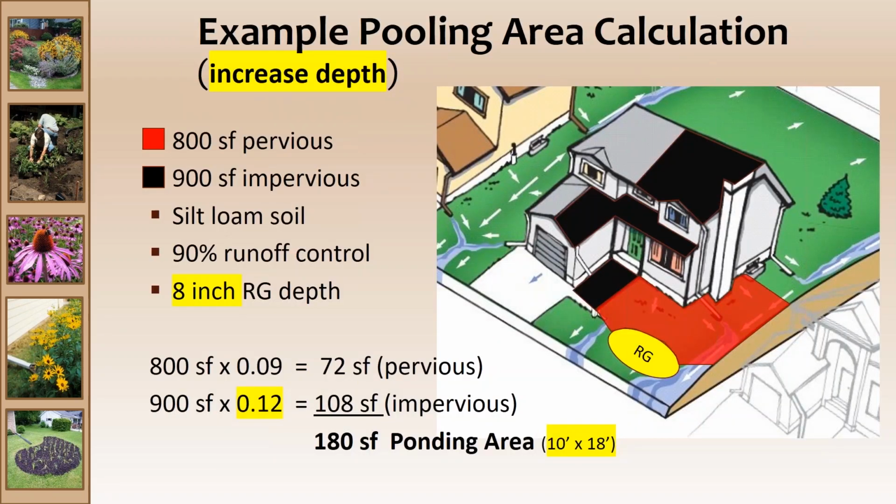So in this case, I highlighted you're changing it to an 8-inch depth, which changed this from 14% to 12%, and it knocked this down from 198 to 180. Not a big deal, right? So you only lost a foot on the size of your rain garden. So increasing depth, at least in a silt loam soil in this case, doesn't really work real well.